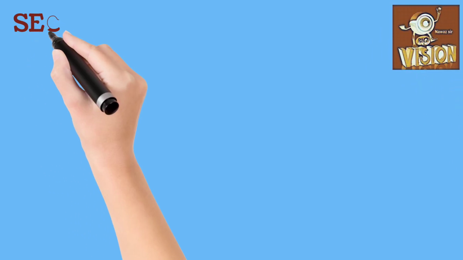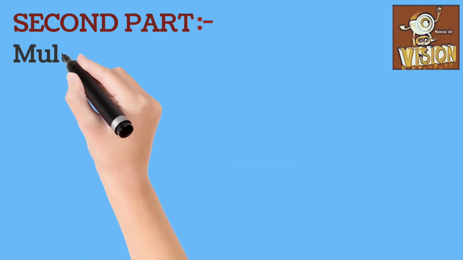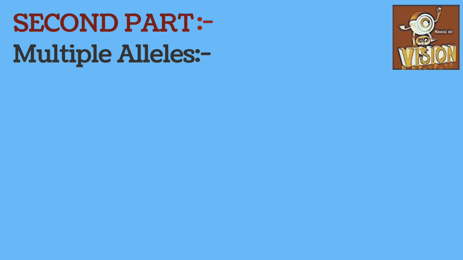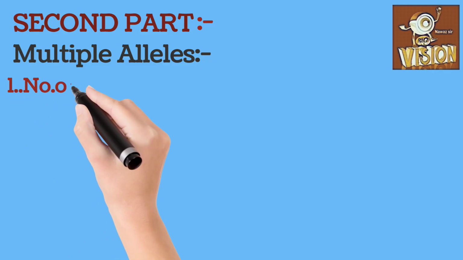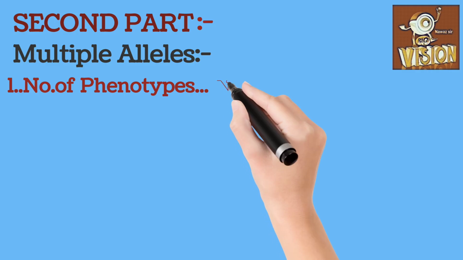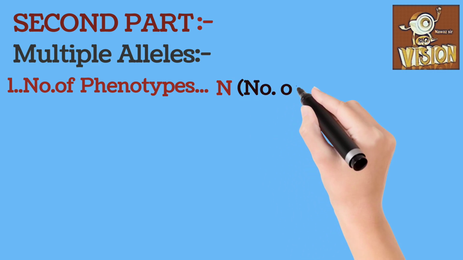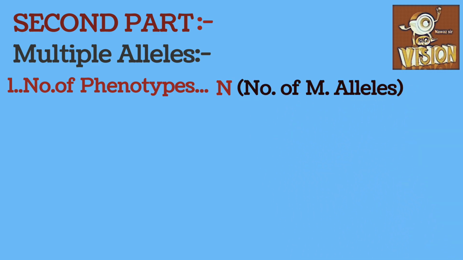Now in the second part we are going to define how to calculate phenotypic and genotypic ratio by using different formulae. Let us start the concept. First of all, let us talk about phenotypes. The number of phenotypes can be calculated by using the symbol capital N. Here N indicates the total number of multiple alleles present in a gene.